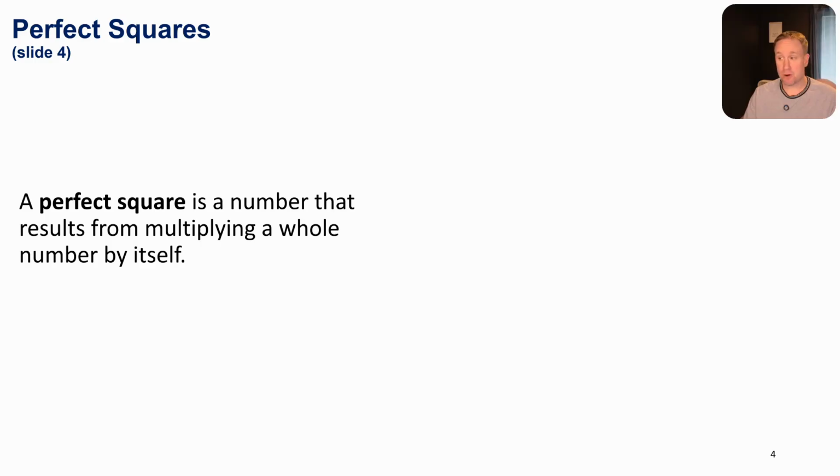Now, a perfect square is a number that results from multiplying a whole number by itself. So examples of perfect squares are the following. We could have 1 squared, which is really 1 times 1, which equals 1. So these are the perfect squares listed below here.